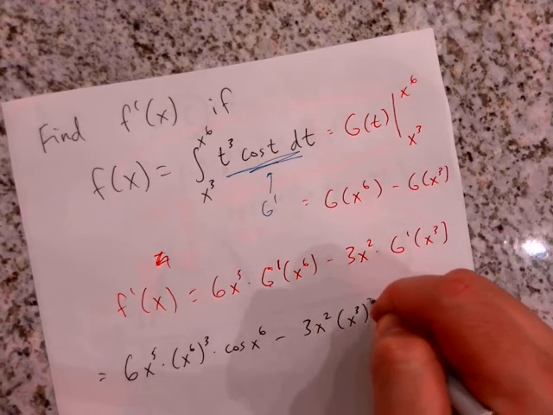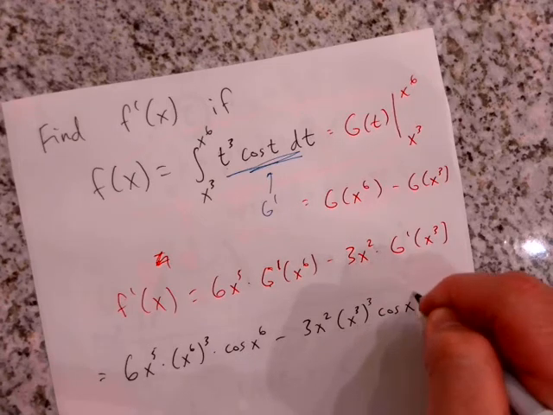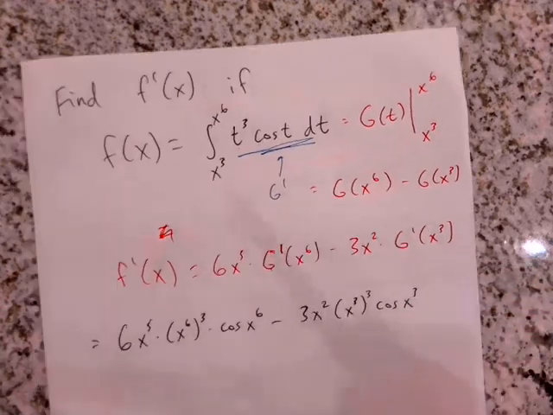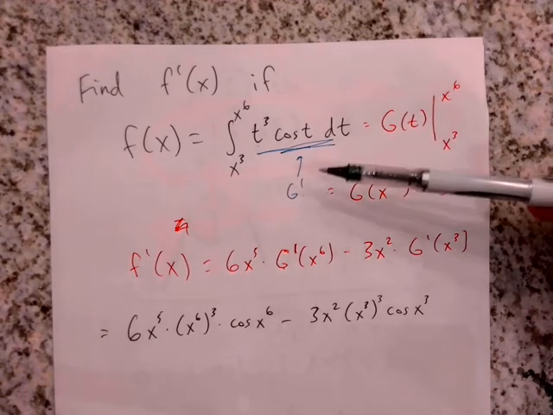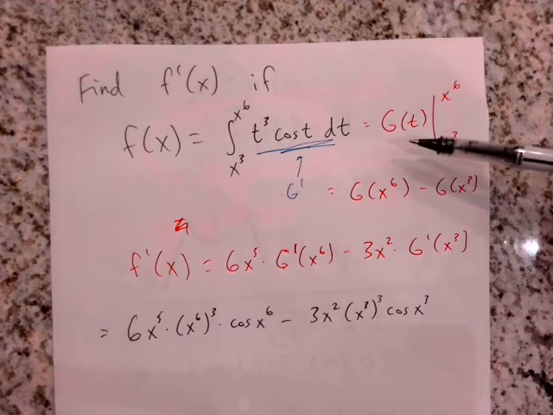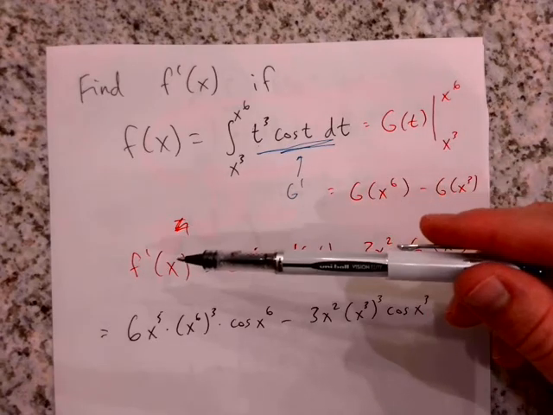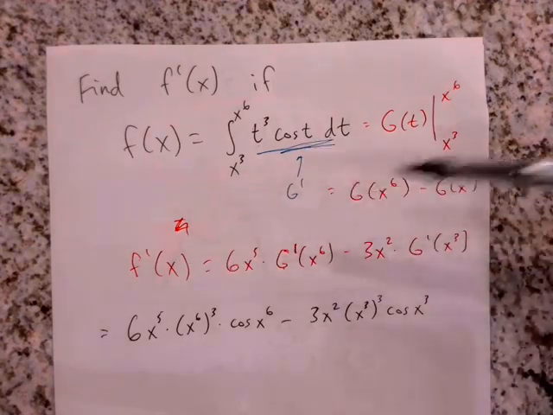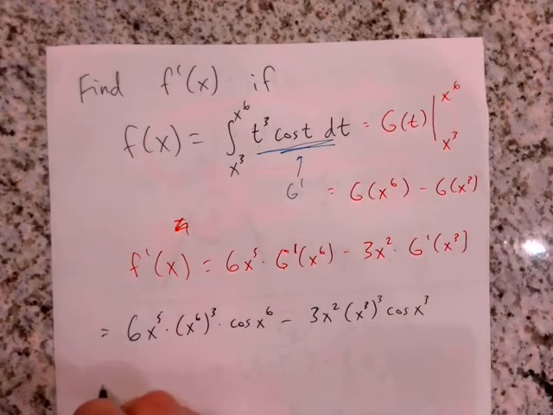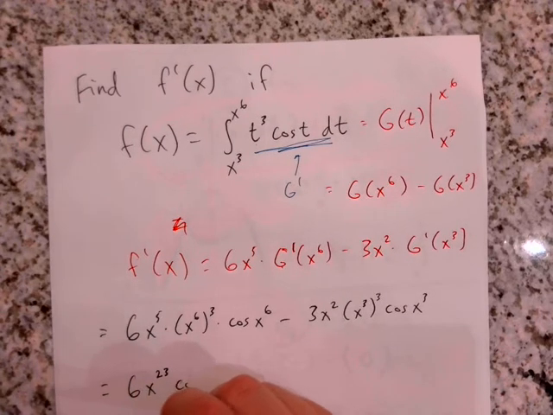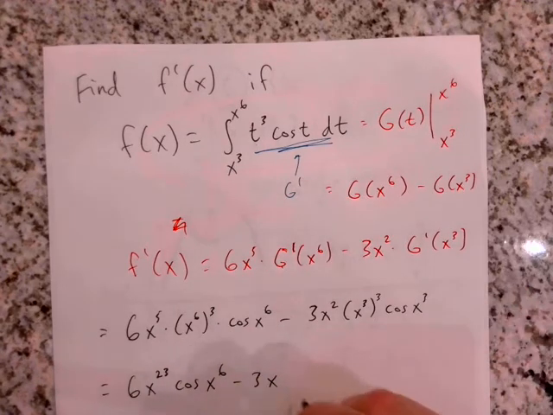So we plug x cubed into the original expression up here. The key idea behind this is that when you integrate, you find the antiderivative, and then if you want to find the derivative of that, you just go right back to where you started from, but not until you've plugged in your bounds. And then you simplify: 6x to the 23rd power cosine x to the 6th minus 3x to the 11th power cosine of x cubed.